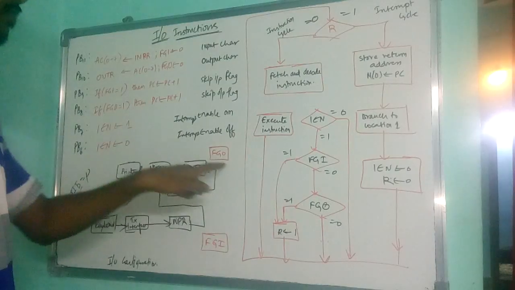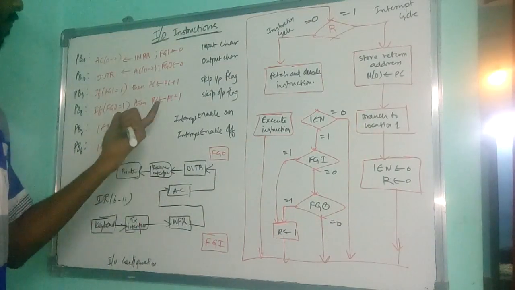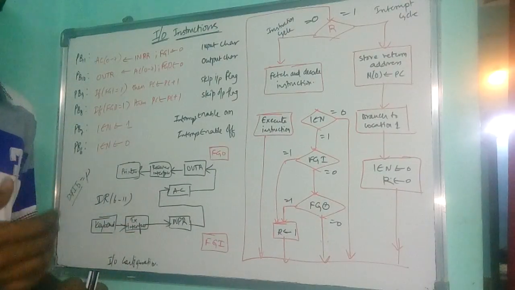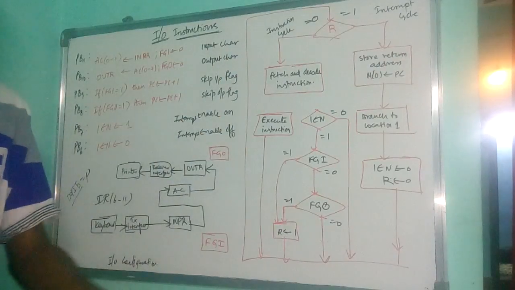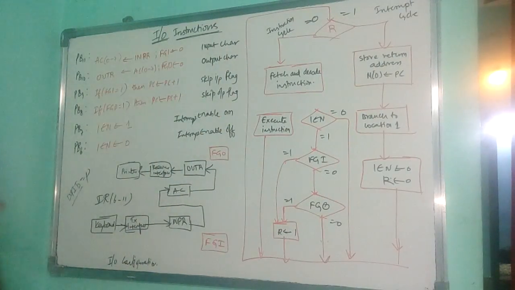Whenever my FGO is 1, skip on the output flag. That means if it is not ready to take the input, just skip that and go to the next instruction. That is, we increment the program counter by 1, which makes the address go to the next instruction, thereby starting the operation with the next instruction.